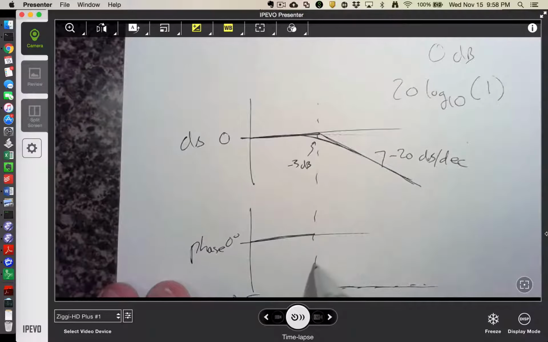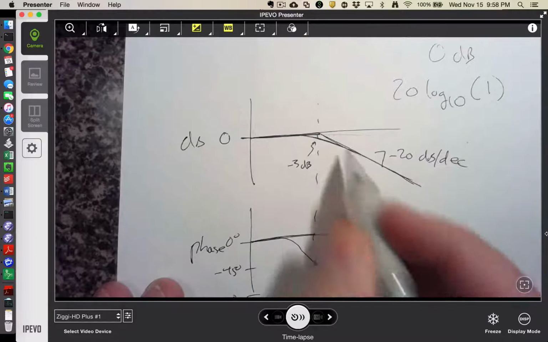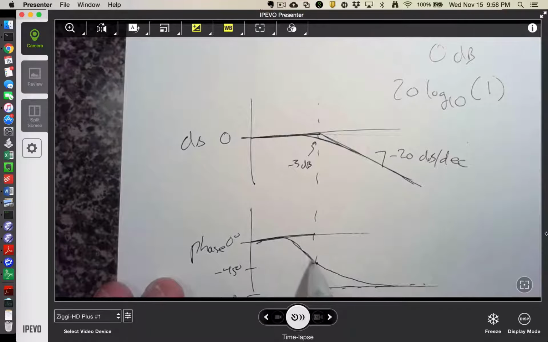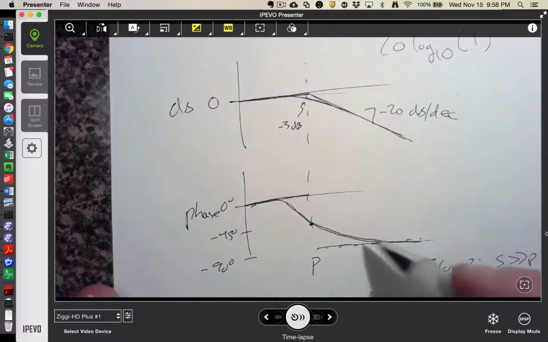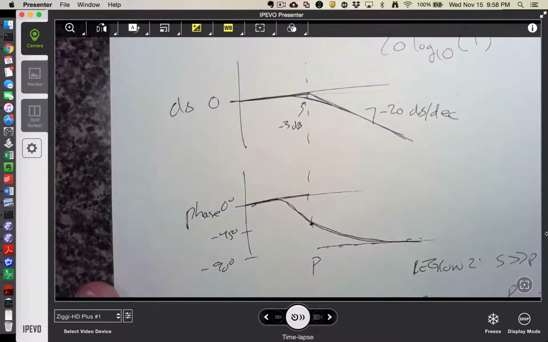And it'll turn out that the phase will pass through minus 45 degrees. The phase transition takes much longer, is a little bit wider than the magnitude transition. So that's a rough approximation of the Bode plot of a first order pole.